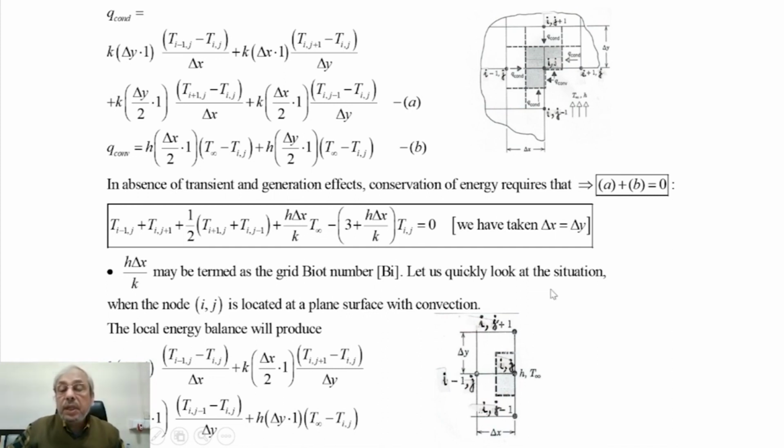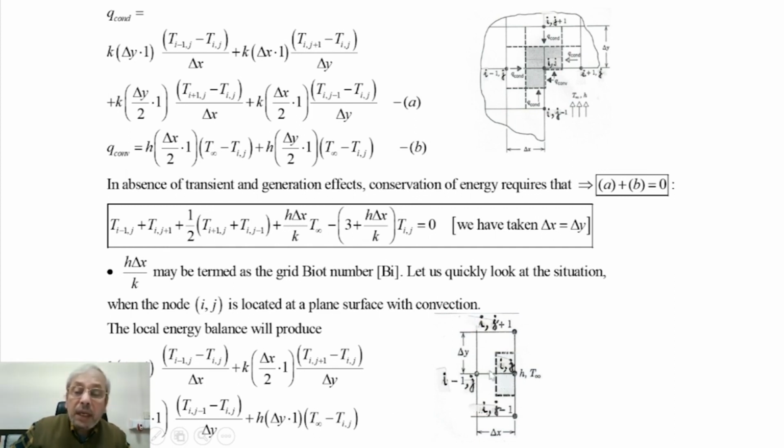Now let us quickly look at the situation when node ij is located at a plane surface with convection. This is a plane surface, exposed to external fluid with temperature T infinity, and the film heat transfer coefficient is H. Here again we go for an energy balance.